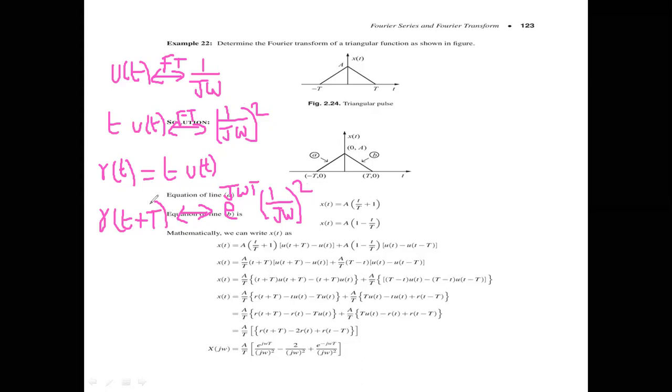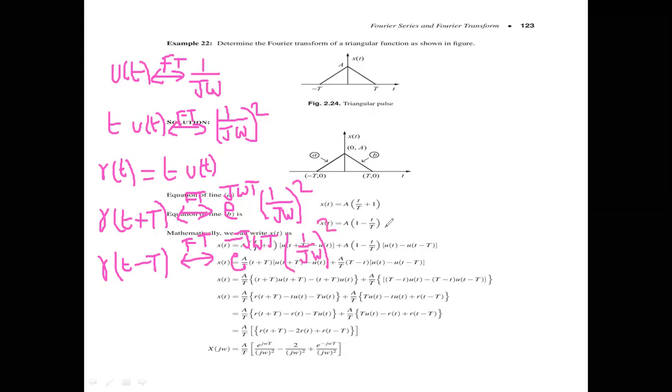Because it is shifted with T samples, advanced samples, e power minus j omega minus T is nothing but e power j omega T. Since it is r of t minus T, its Fourier transformation is e power minus j omega T times 1 by j omega whole square.